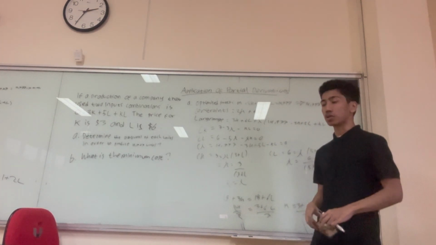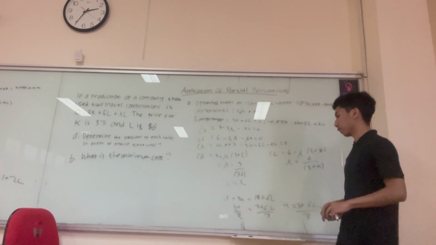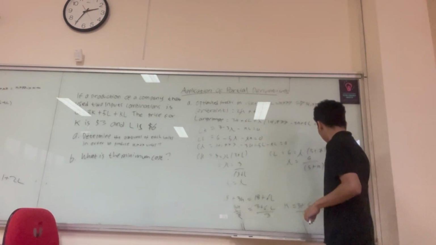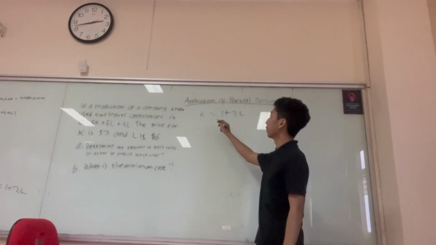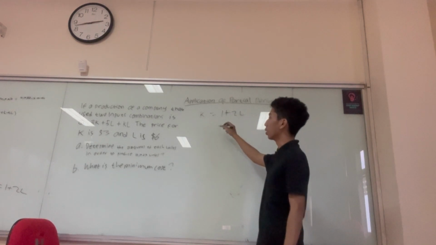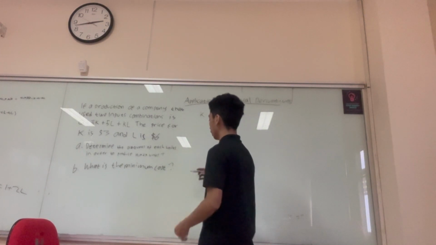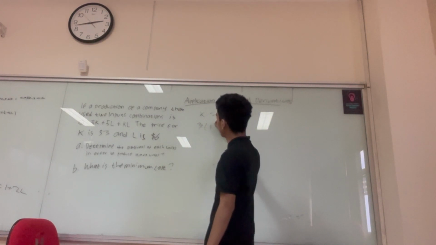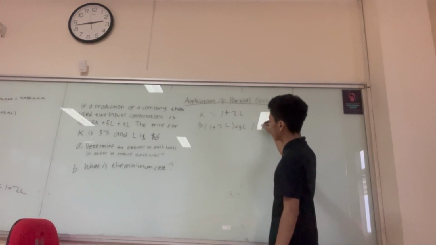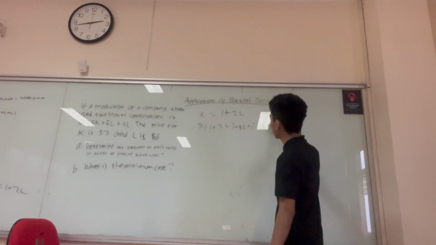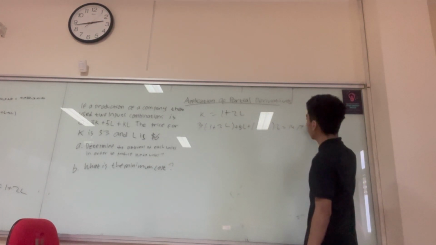The next step is we have to substitute the K into the optimized function to find the K and L. Okay, so previously we managed to find K, which is 1 plus 2L. So now we're going to substitute K into the optimized function. 3 times (1 plus 2L) plus 5L plus (1 plus 2L) times L equals 14,777.